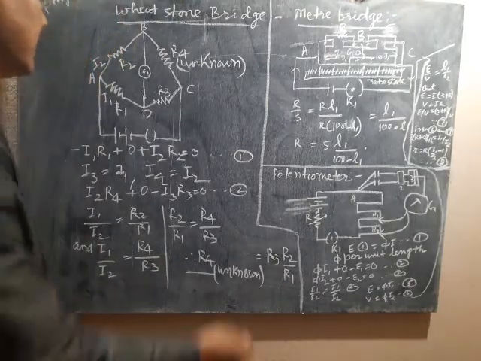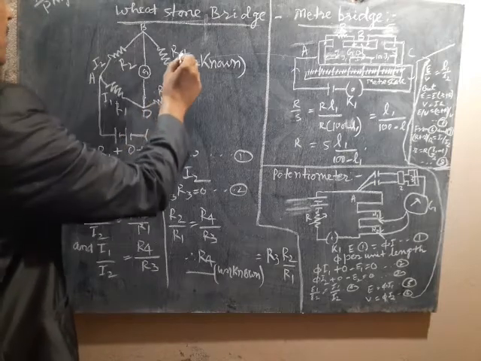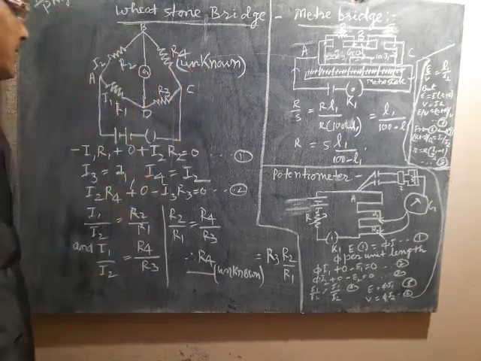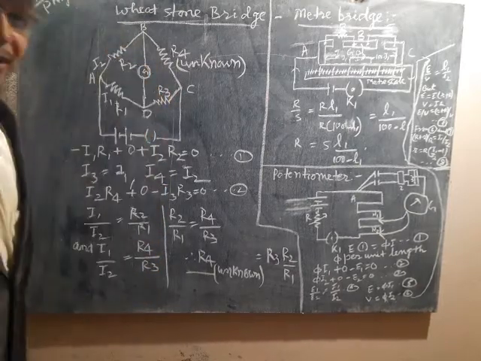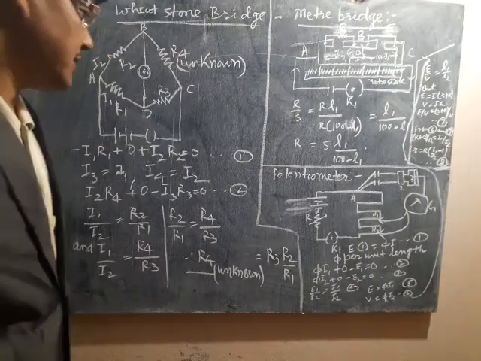Here I have written I2, I1, R4 unknown, R3, D, C, B, A. Here there is a galvanometer. You should know that a galvanometer measures electric current.